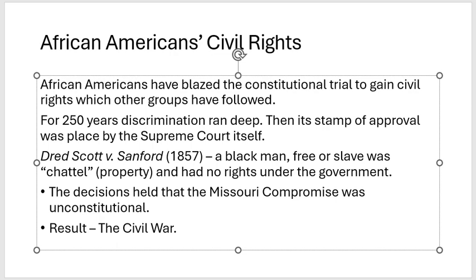For every free state that was admitted, Congress would also admit a slave state. And the Dred Scott versus Sanford decision of 1857, in essence, declared that the Missouri Compromise was unconstitutional, that you couldn't restrict slavery. So Dred Scott versus Sanford was one of the causes of the Civil War. It helped to result in the Civil War.